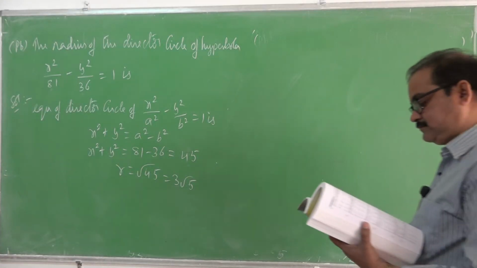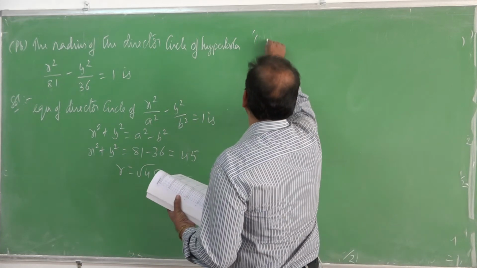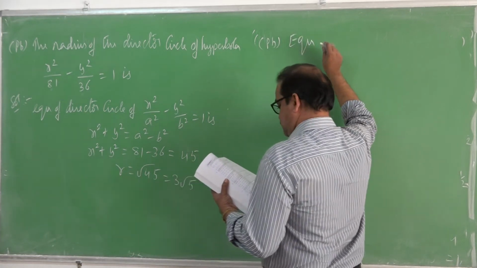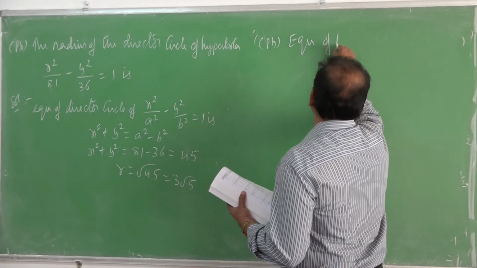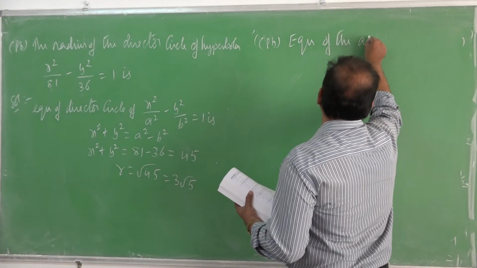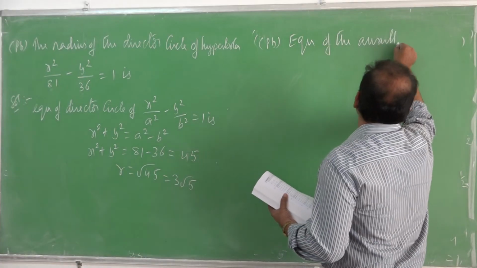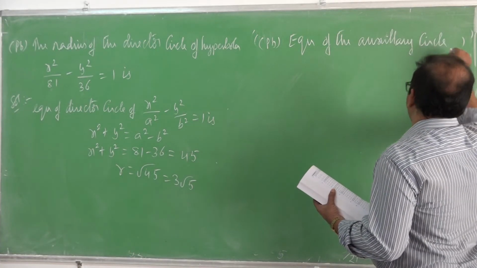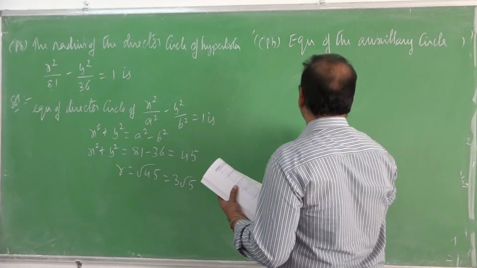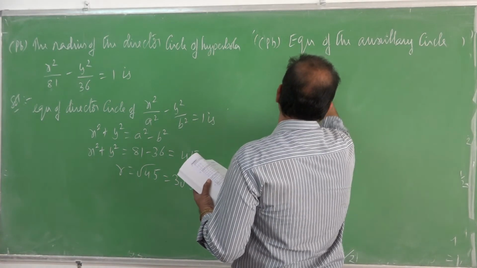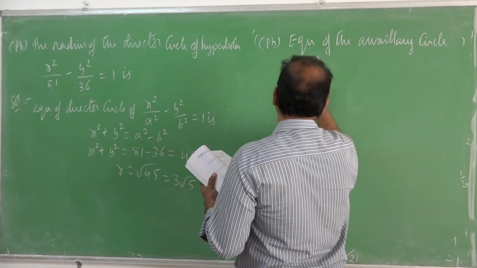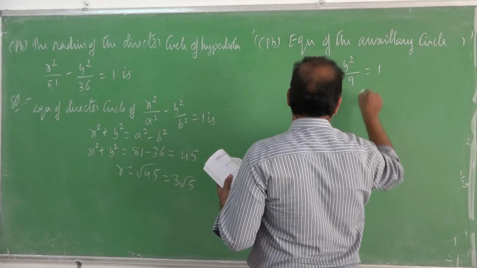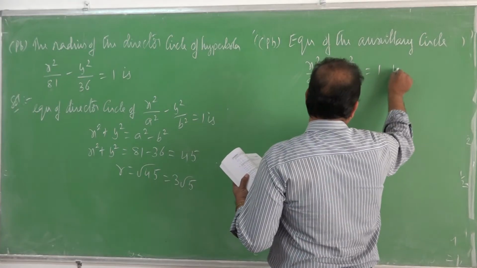Next, the equation of the auxiliary circle of the hyperbola x square by 25 minus y square by 9 is equal to 1 is.